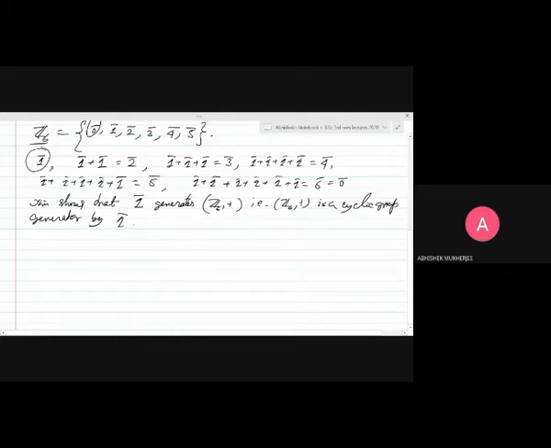Any guess from your end? You can write in the chat box.